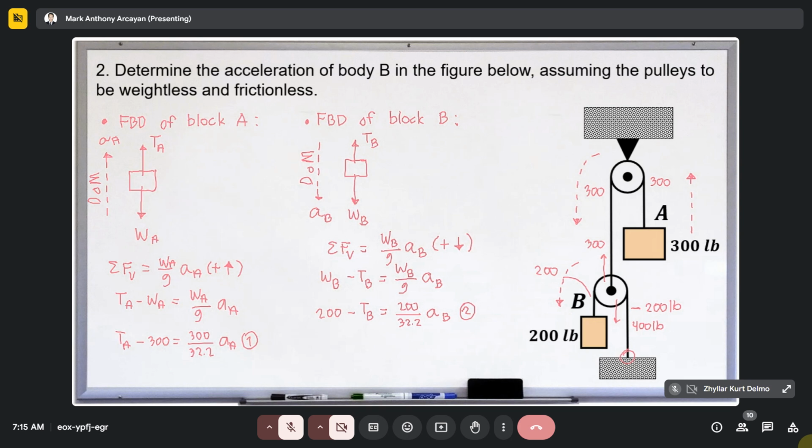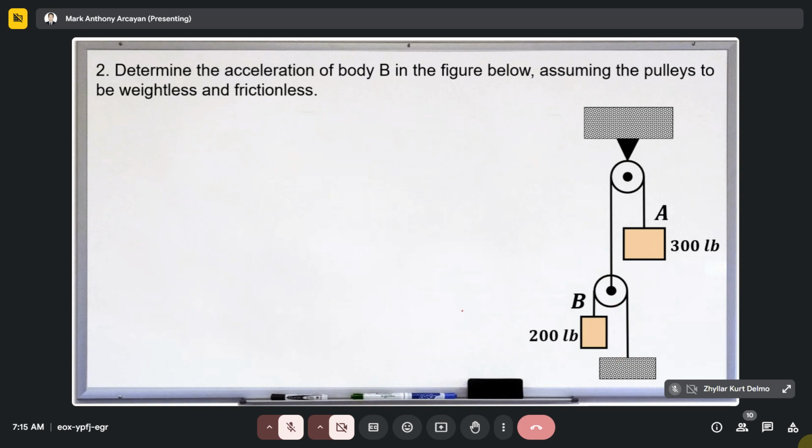We need to find another equation that will at least reduce the number of unknowns, no? At least reduce the number of unknowns. And we're going to explore that one in the next slide. Okay.